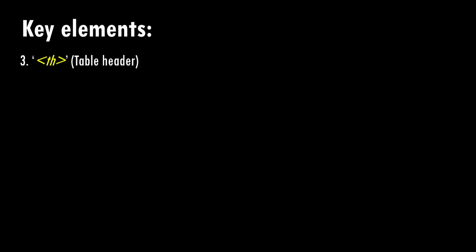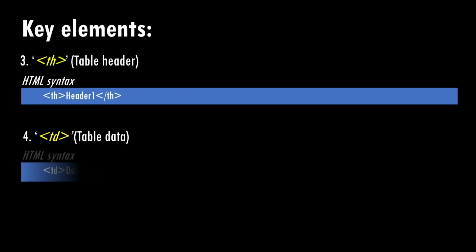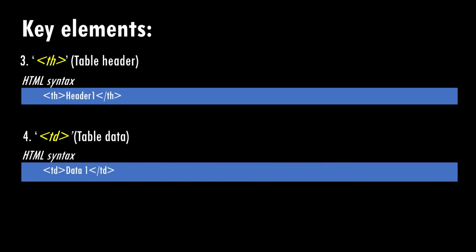They are used to define headings for rows or columns. HTML syntax is like this. For TD or table data, it defines a standard data cell in the table. This is where the actual data is placed. Here is the HTML.